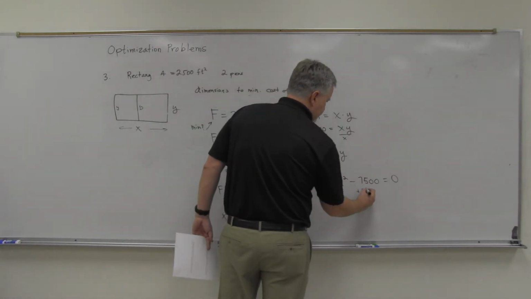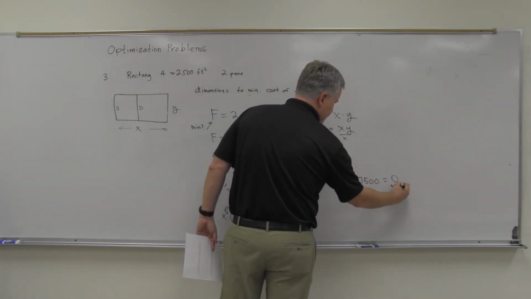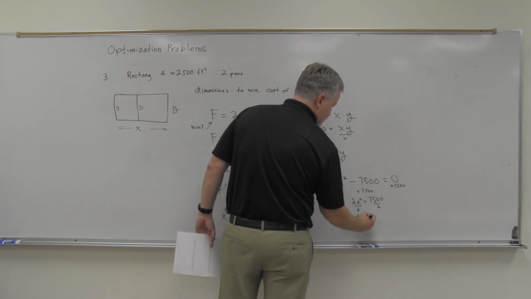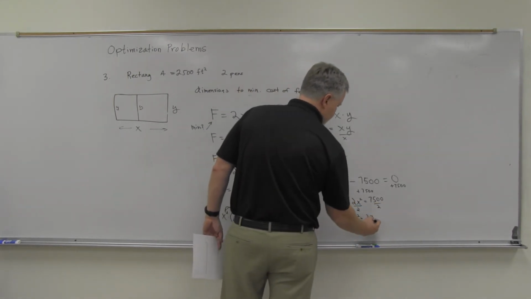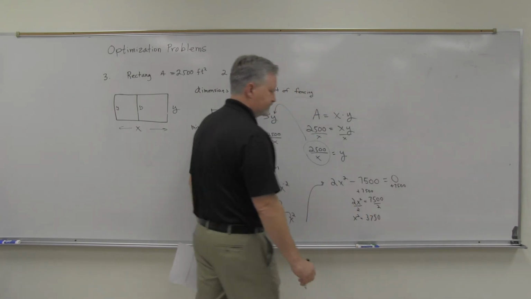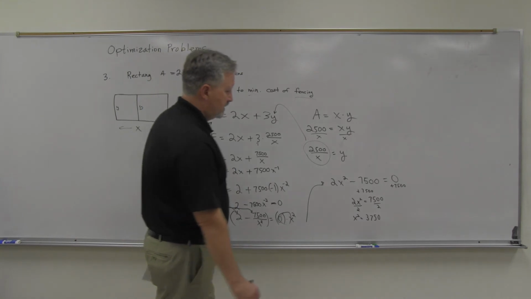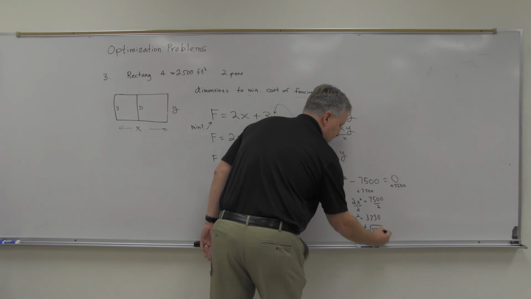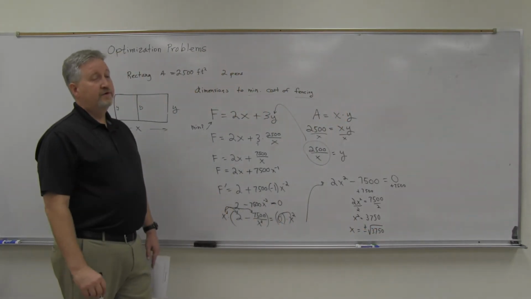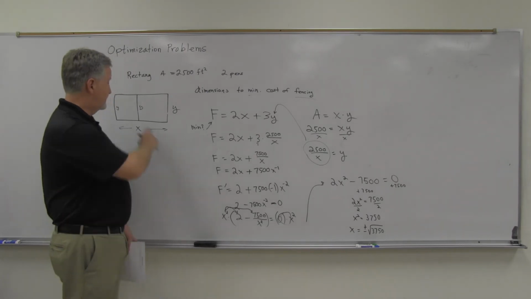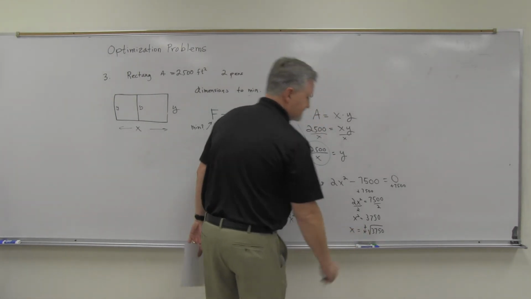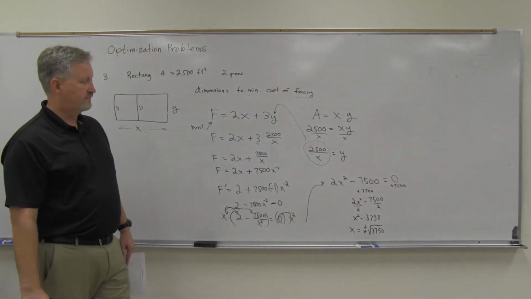So let's add the 7,500. 2x squared equals 7,500, divide by 2, next. X squared equals 3,750, I believe. So x would be plus or minus the square root of 3,750. However, we're talking about lengths and widths here. X is the length. Does a negative length make any sense? No. So it's the positive square root of 3,750.